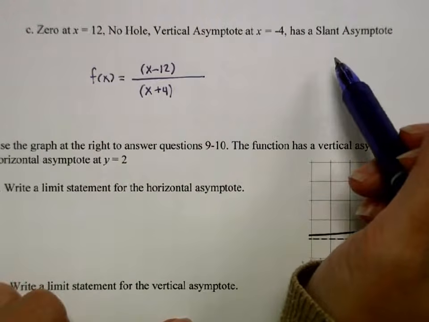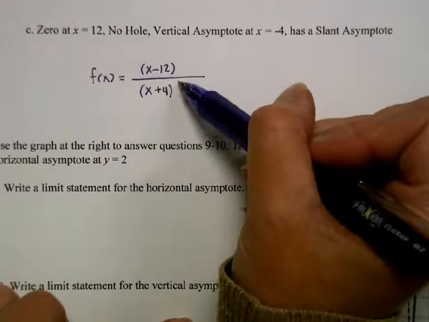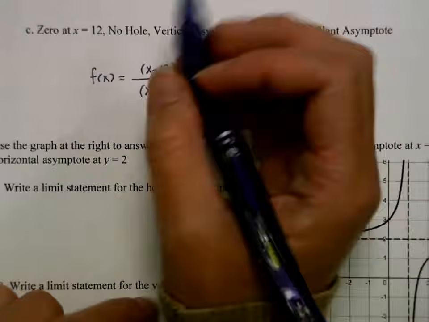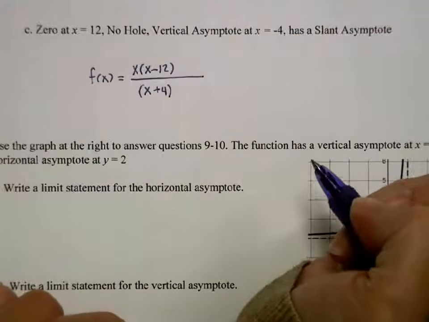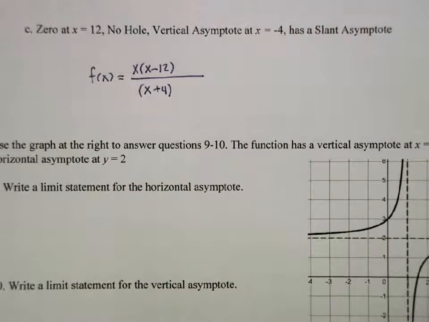So right now I have degree 1 over degree 1. I want this to be 1 higher, which I can accomplish by just multiplying by x. For all three of those, there are multiple correct answers, but those are some examples.